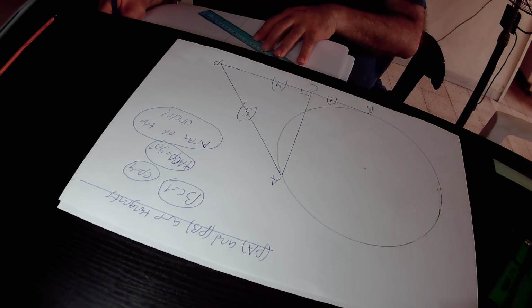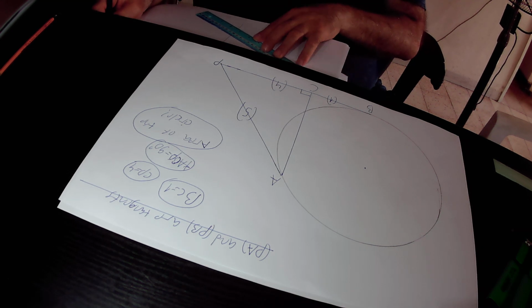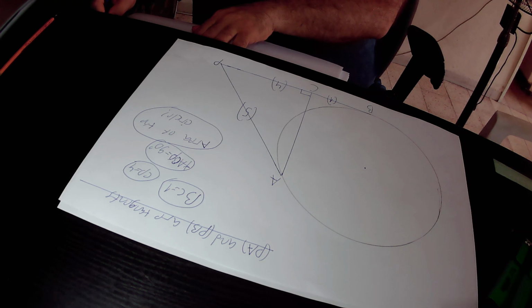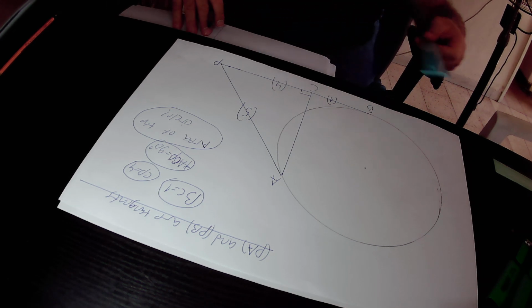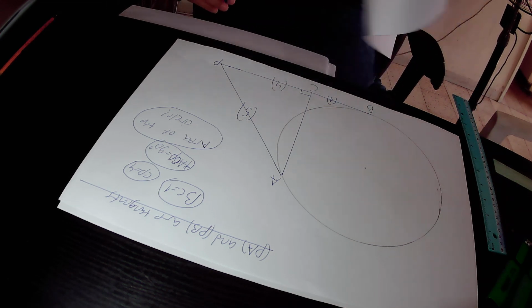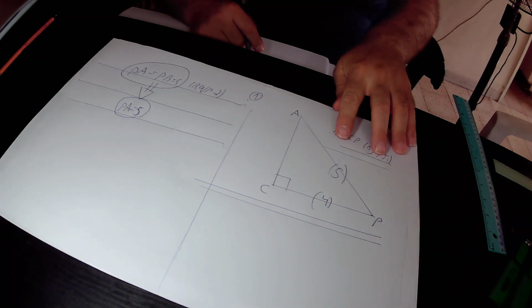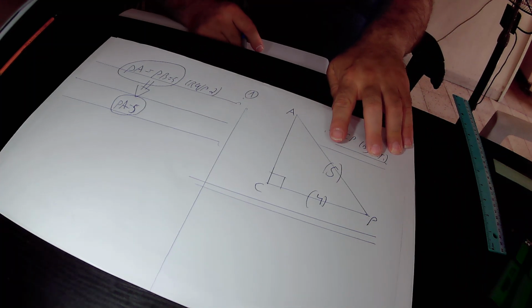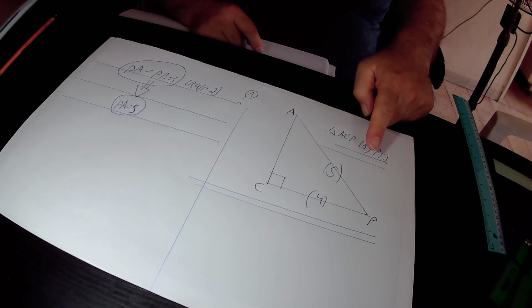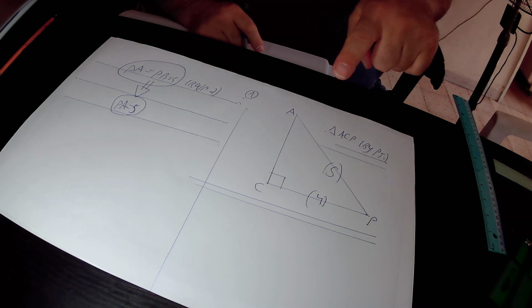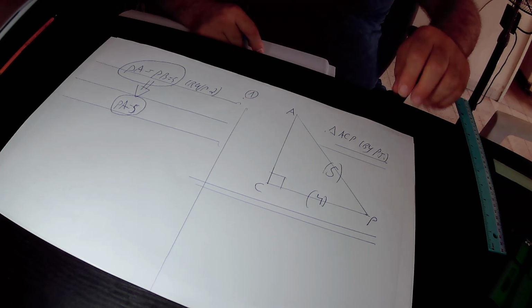Here PT is the abbreviation for Pythagoras theorem. In this right triangle ACP, AP squared, the square of the hypotenuse, is equal to AC squared plus CP squared. So I write it down.